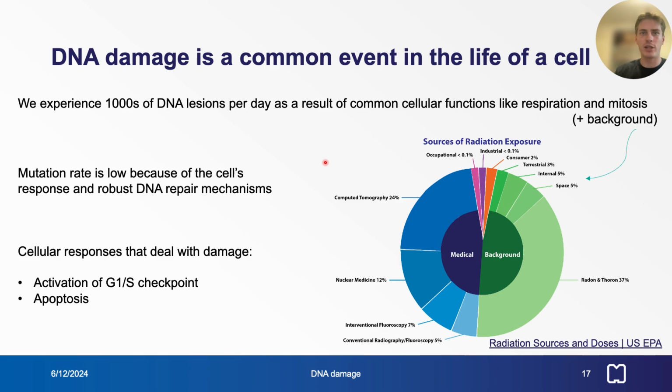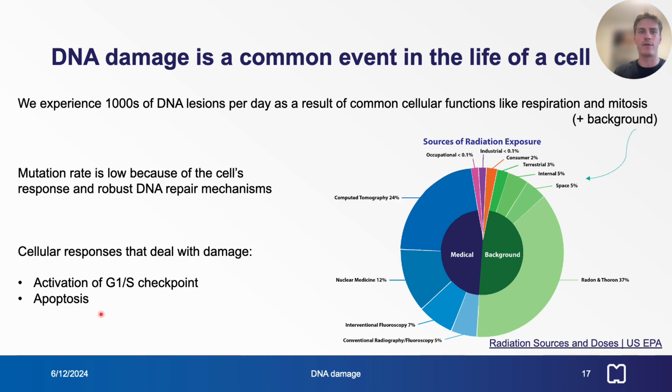DNA damage is actually quite common. Our cells experience thousands of DNA lesions each day. Fortunately, the mutation rate is low because the cell has coping mechanisms. The cellular responses are activation of the G1/S checkpoint, which arrests cell cycle progression to allow for repair, and apoptosis, which is programmed cell death, that eliminates damaged genetic material without releasing inflammatory substances in the surrounding area.